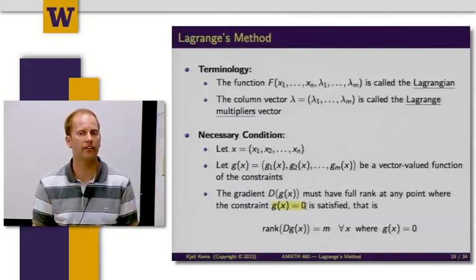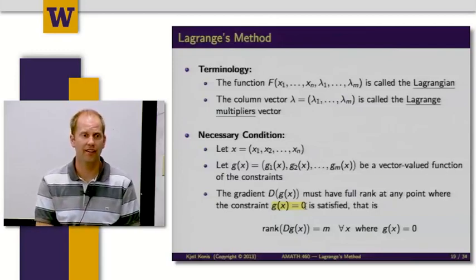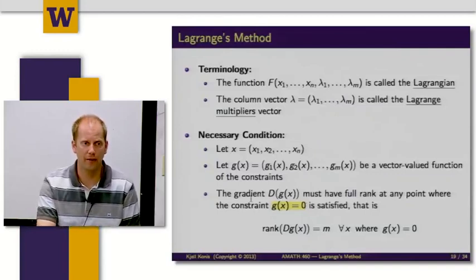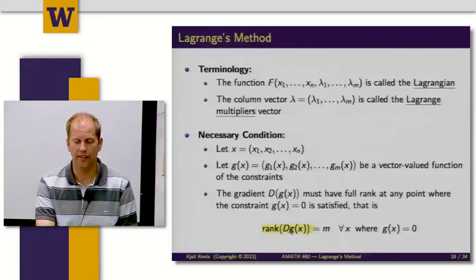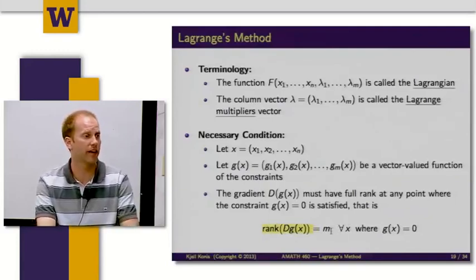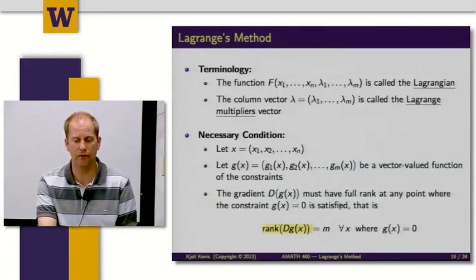That gives me a matrix of numbers, because it's a matrix of functions evaluated at one particular point. You can do elimination on that matrix, and you'd end up with a full set of pivots. So if that condition holds, then the rank of the gradient of g is equal to m. This matrix has m rows, and in each row I'm able to find a pivot. That means I have full rank.